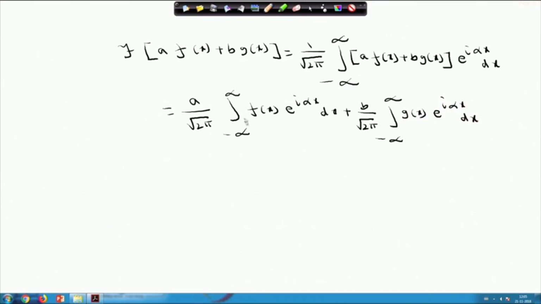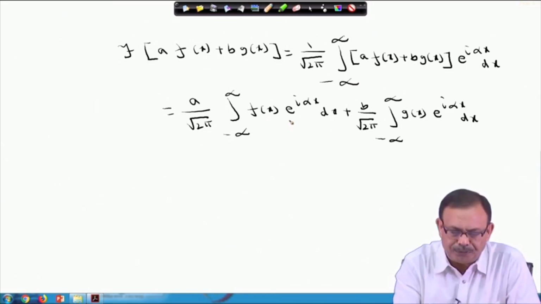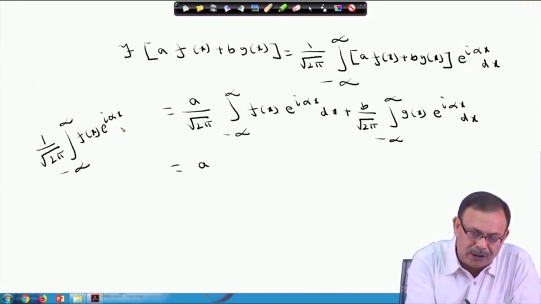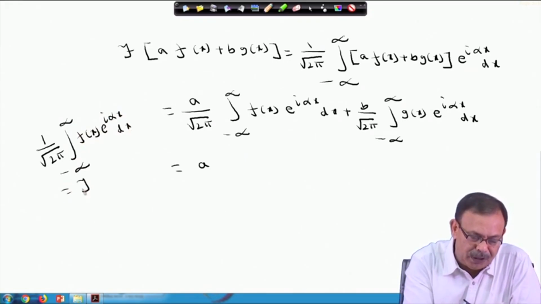Now, you see this integral, minus infinity to infinity f x into e power I alpha x dx, is nothing but, from the definition of Fourier transform, the Fourier transform of f x. So, therefore, I can write a into 1 by root 2 pi, integral from minus infinity to infinity of f x into e power I alpha x dx. This is nothing but, from the definition, Fourier transform of f x.